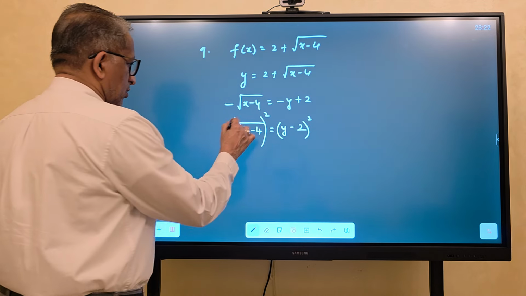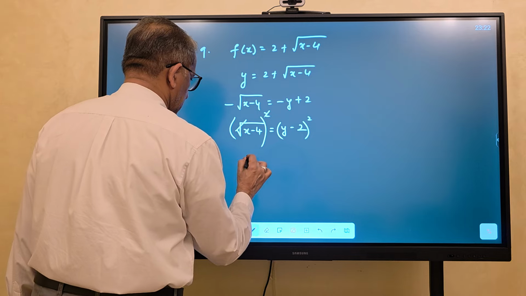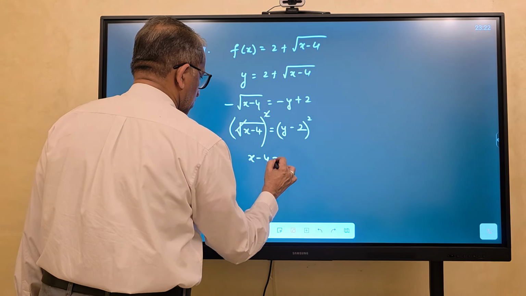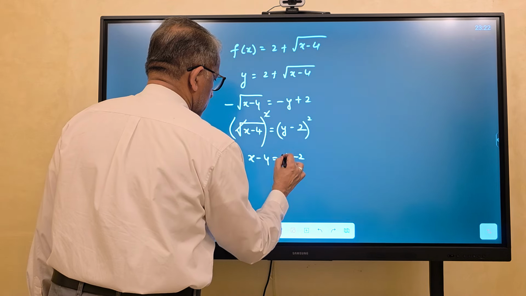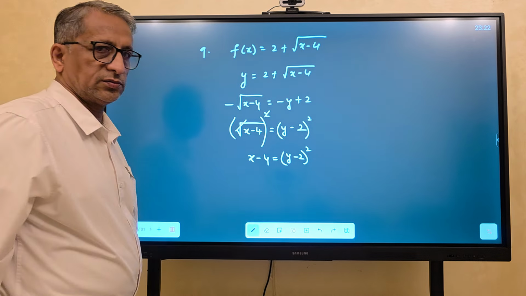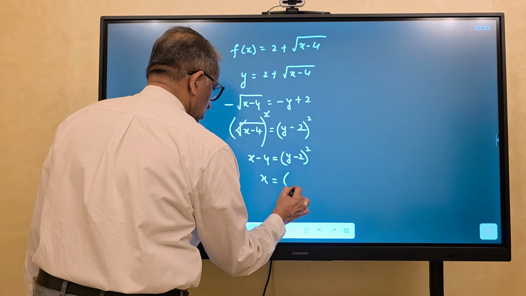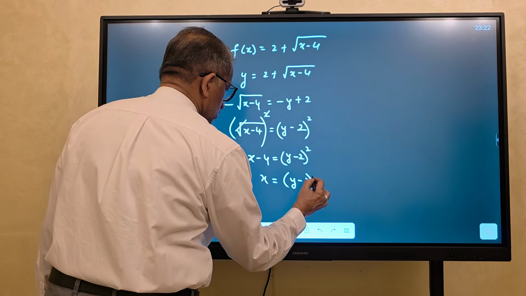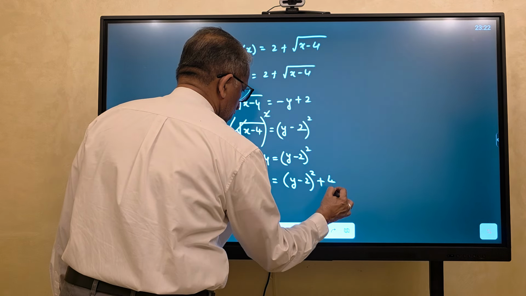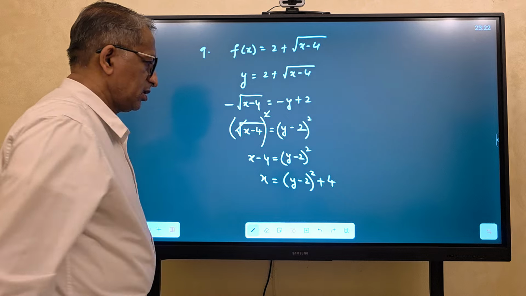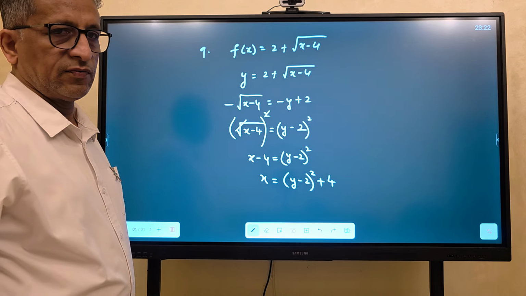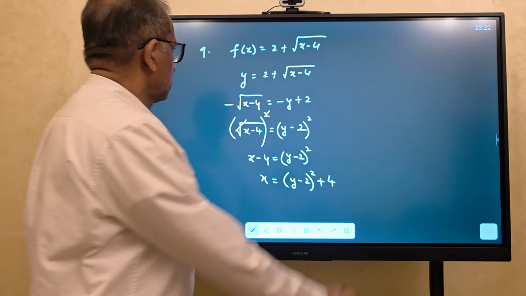Okay, so this cancels, then you have x minus 4 equals (y minus 2) squared. Now I want x. So x is equal to (y minus 2) squared plus 4. Minus 4, I bring it to the right side. I found the value of x.